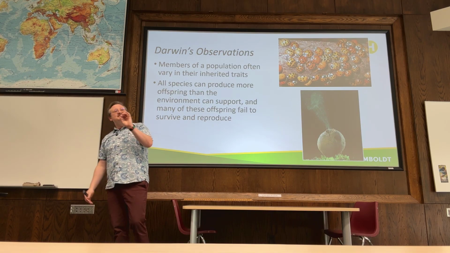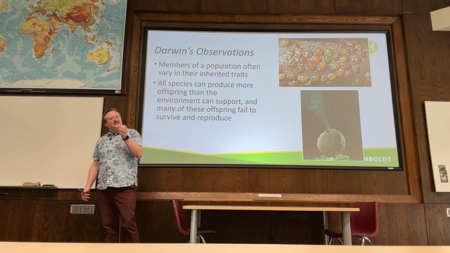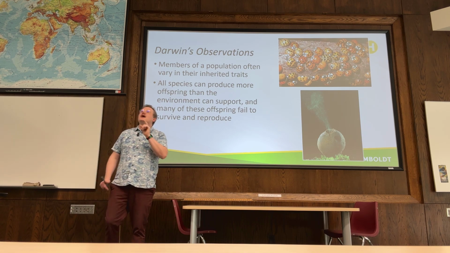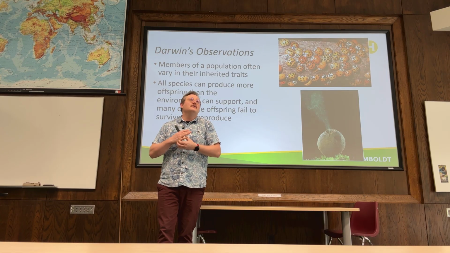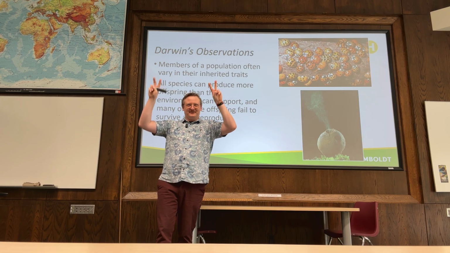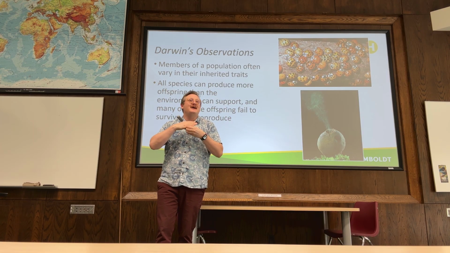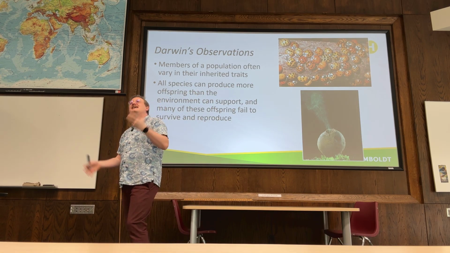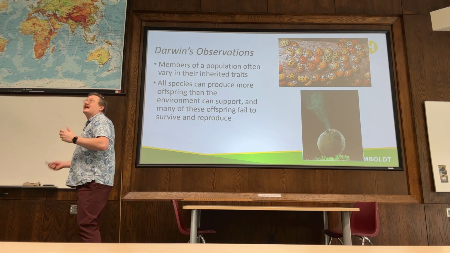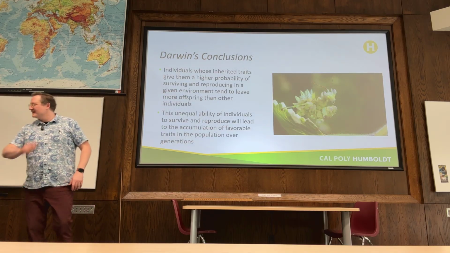Now, this is specifically a natural selection situation. There are other ways that allele frequencies can shift. It's not always that the next population has better genetics. Sometimes the next population has different genetics because of some force besides nature selecting for different phenotypes.